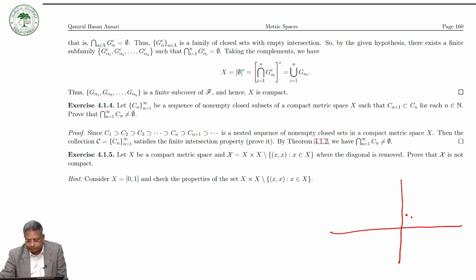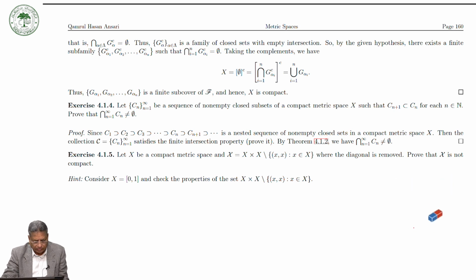You remove this diagonal element from R2, then check whether this is a compact metric space or not. For that we can give you a hint: consider the closed interval 0, 1 and check the properties of this.